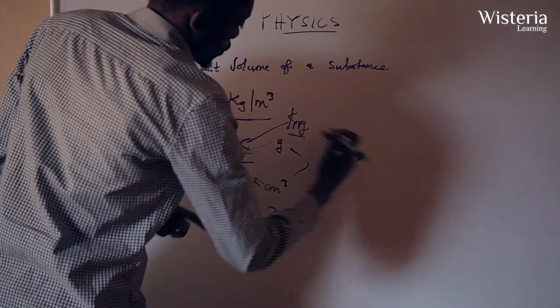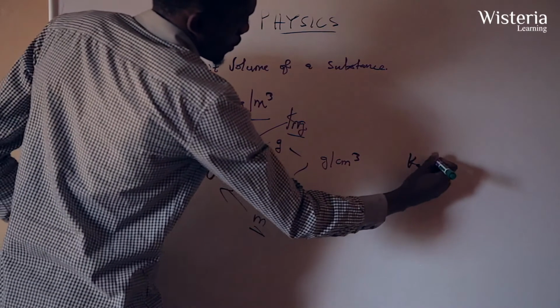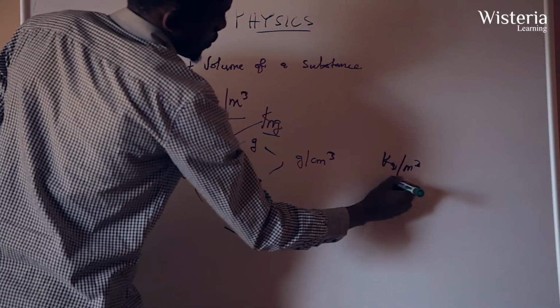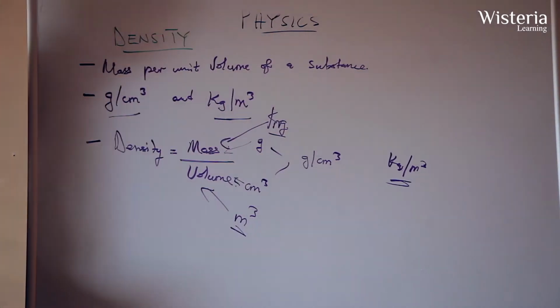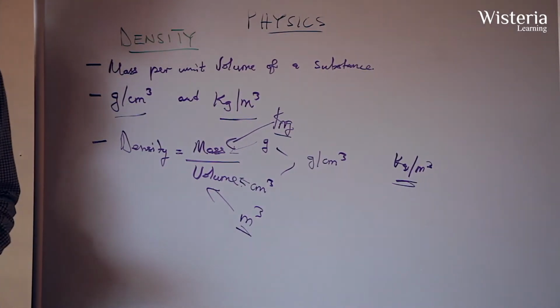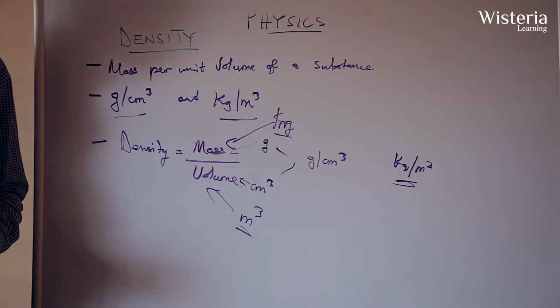So the two will combine and have kg per meter cubed. So you need to understand from there onwards that you can only record two units of densities: grams per cubic centimeters, and the other one kgs per meter cubed.